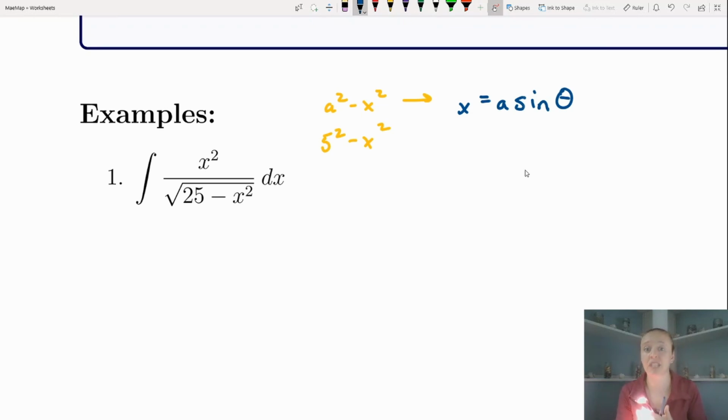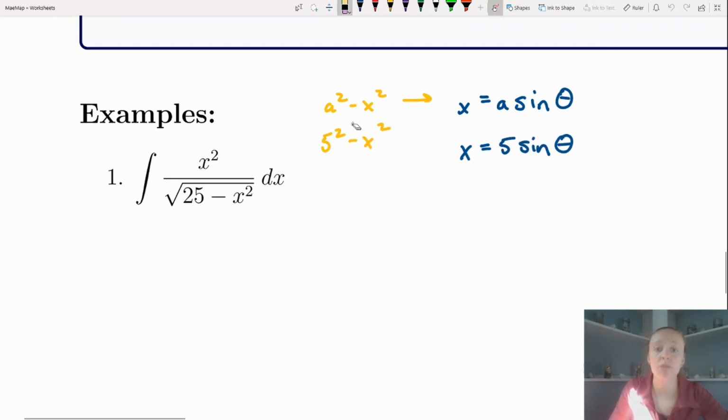You can also think quickly about plugging in a sine of theta: that's going to be a squared times 1 minus sine squared, and that 1 minus sine squared allows us to use an identity. If x equals a sine of theta and my a is 5, then x equals 5 sine of theta.